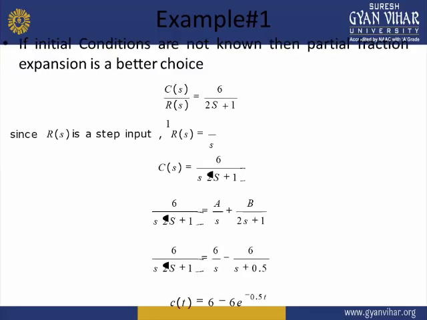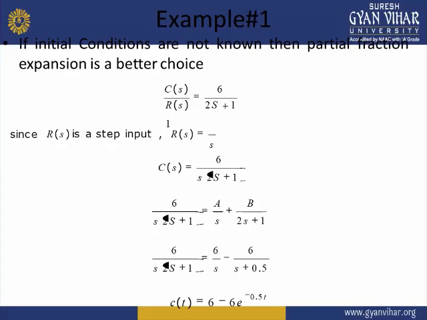If the initial conditions are not known, then partial fraction expansion is the best choice to solve the problem. For example, you have the transfer function which was calculated previously, and R(s) is the step input, which is equal to 1 upon s.